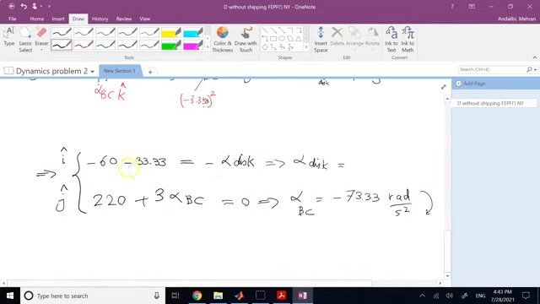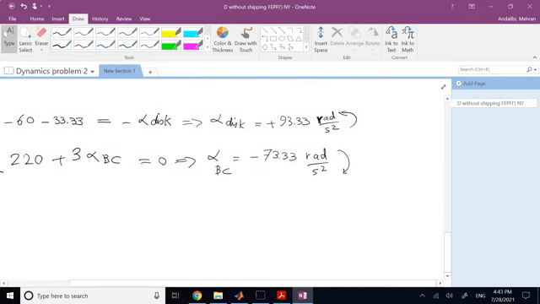So alpha of the disk is going to be 93.33 positive, which means it is counterclockwise. So yes, alpha of the disk is actually counterclockwise. Our assumption was right. But when we assume alpha of member BC was counterclockwise, it was wrong. It is clockwise, it's negative. So these are your final answers.